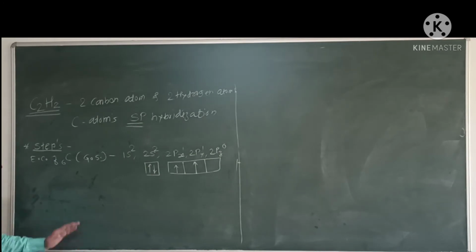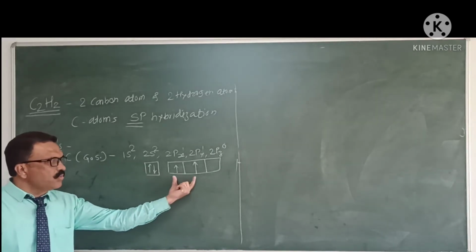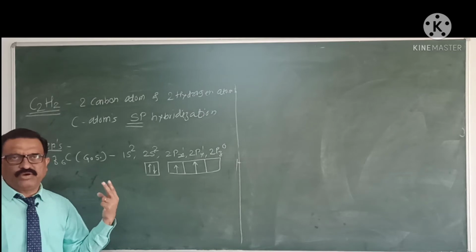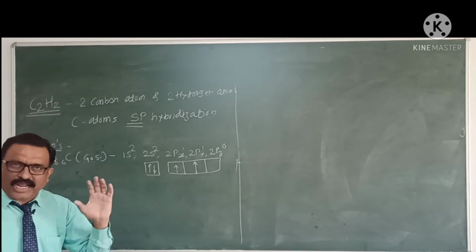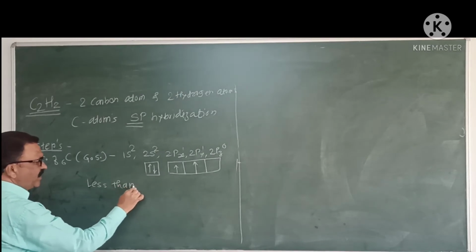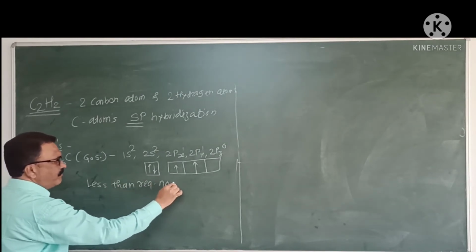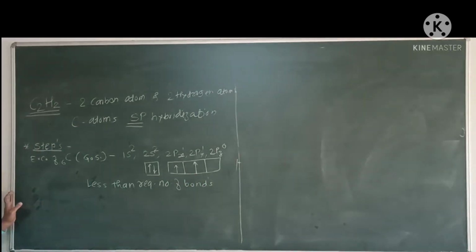Okay. A ground state electronic configuration has only two half-filled atomic orbitals. This number of half-filled atomic orbitals is less than the required number of bonds in the C2H2 molecule. That is, here a carbon atom can form 4 bonds.